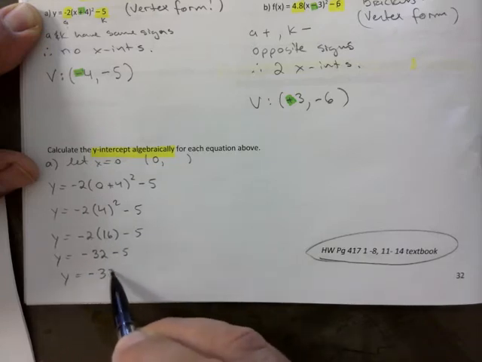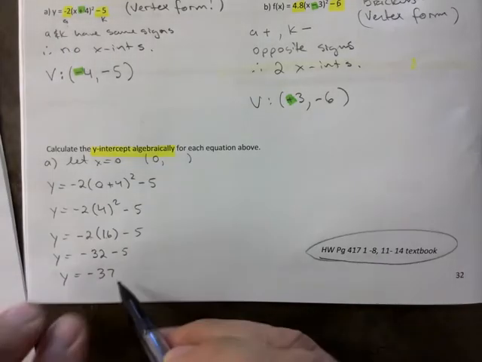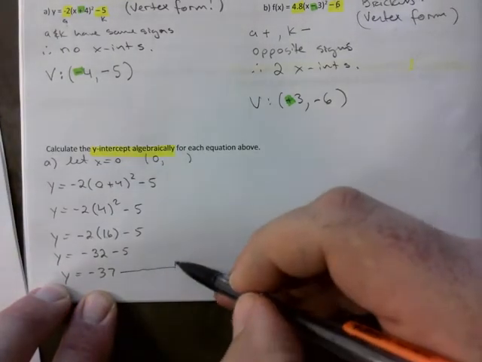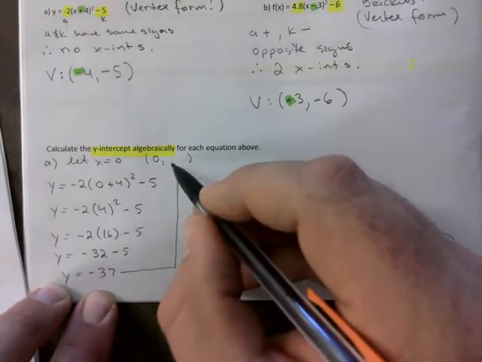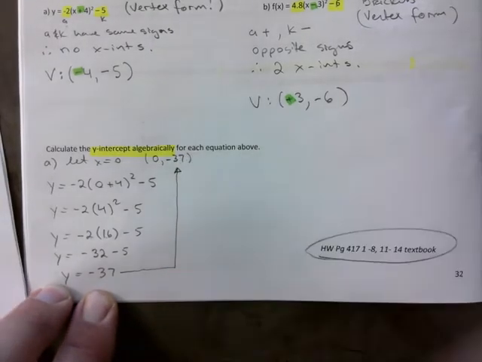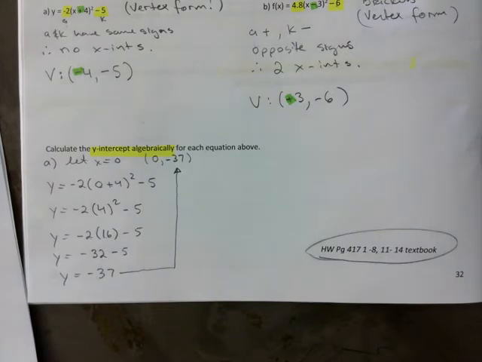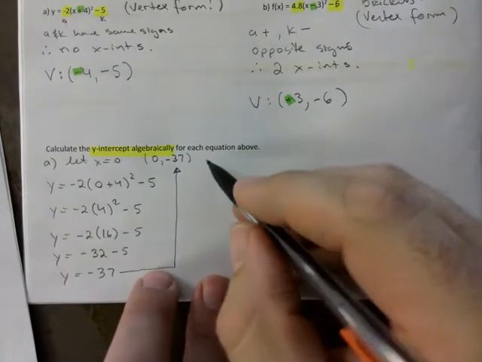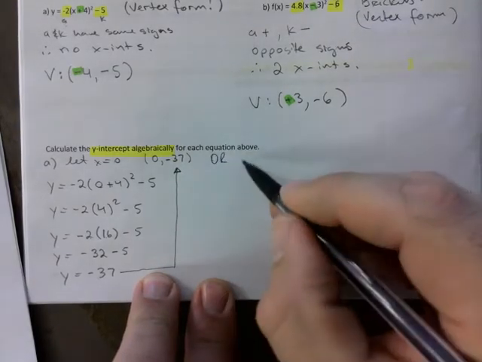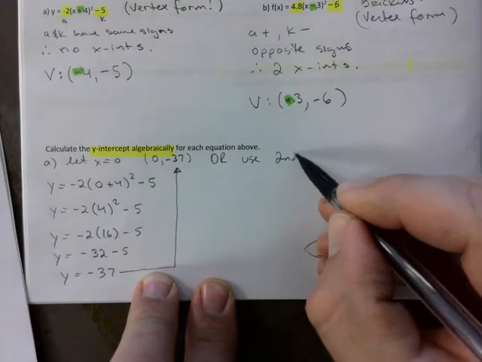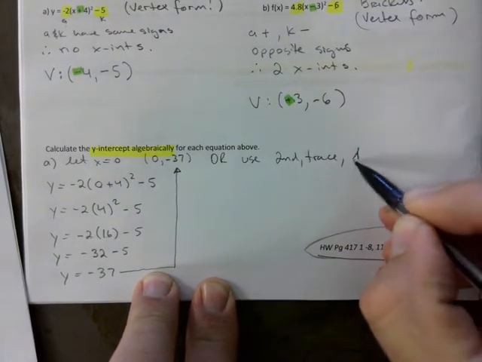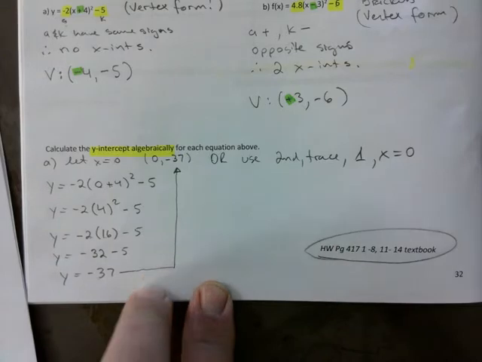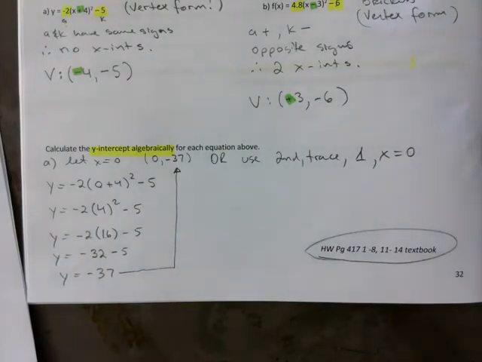This would be negative 37. So now you can go back and complete this statement and say that the y-intercept is actually (0, negative 37). Or you could use second trace, option 1, x is equal to 0. You could have used that for this particular case, but we chose to do it algebraically.